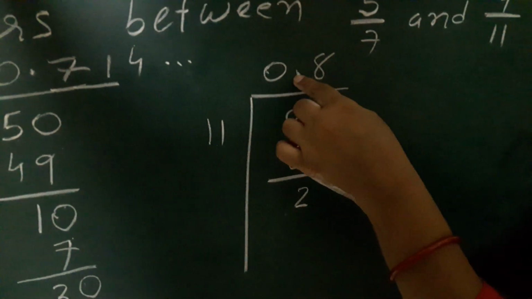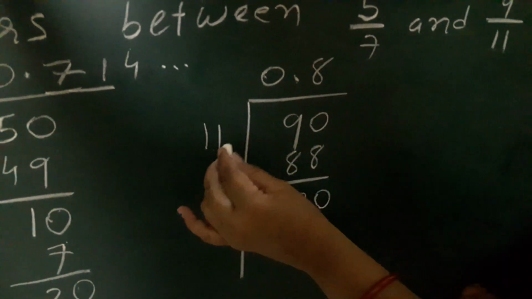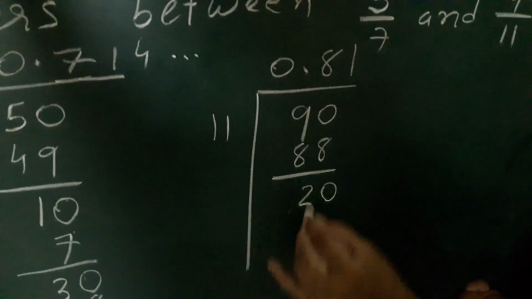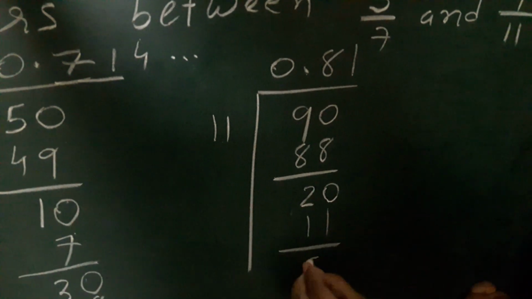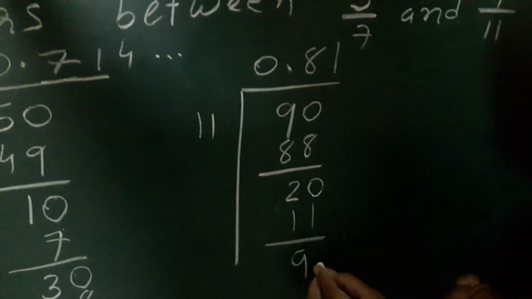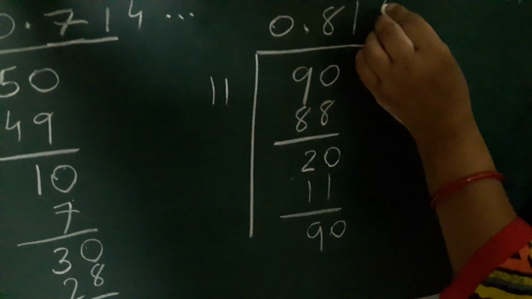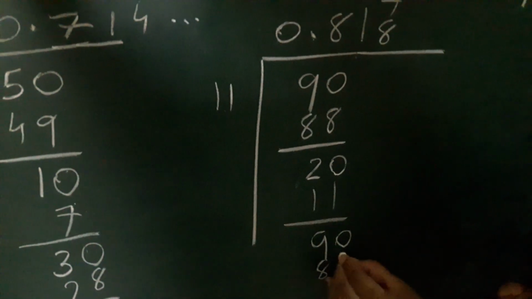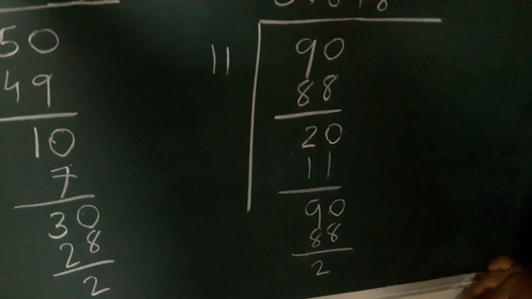Now here we have a decimal point, so we put the 0. 11 1s are 11. 20 minus 11, 9. Here we have a decimal point, so we can put 0. Again 11 8s are 88. So we obtain 90 minus 88, that is 2.